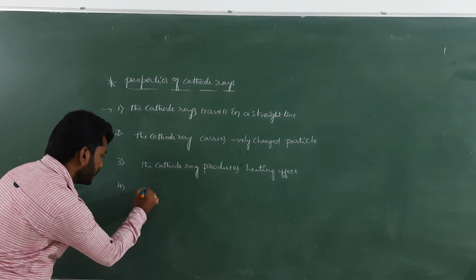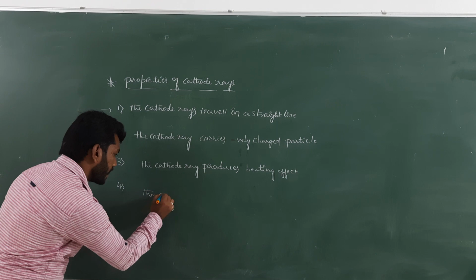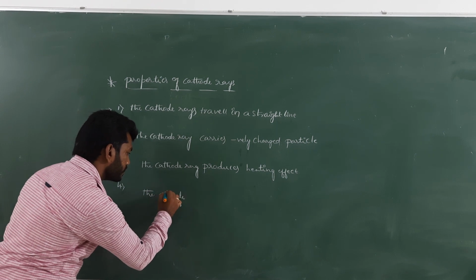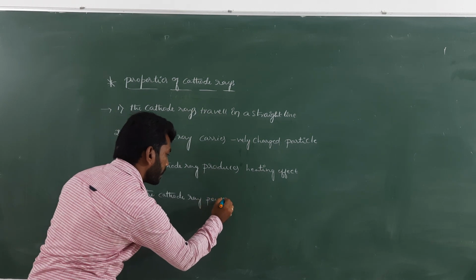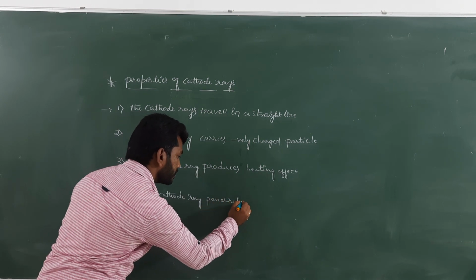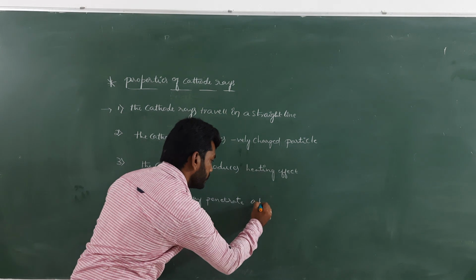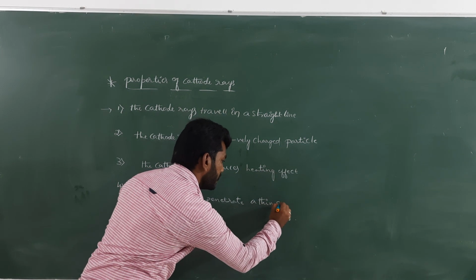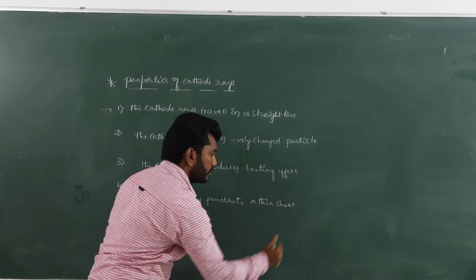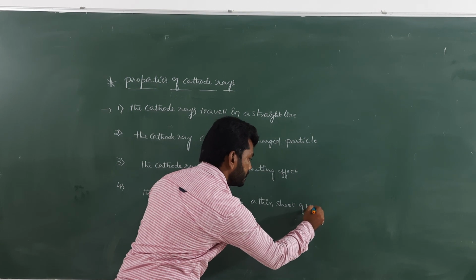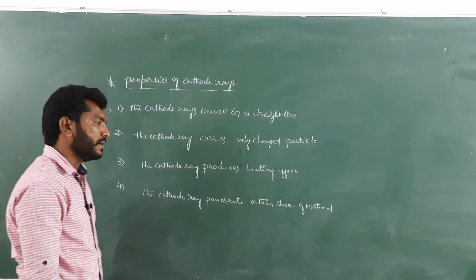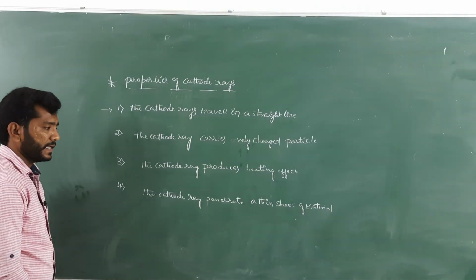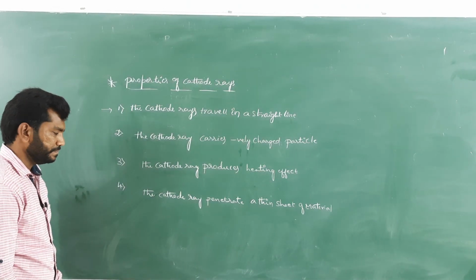Write down: the cathode ray penetrates a thin sheet of material. This is also one of the most important properties of the cathode ray.